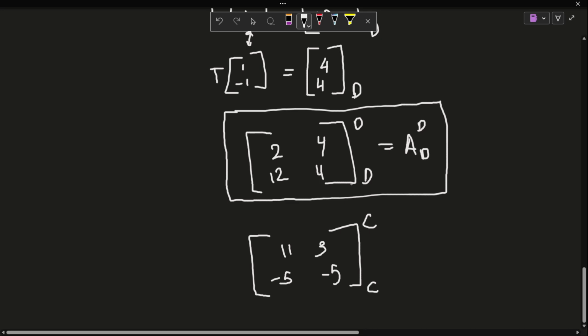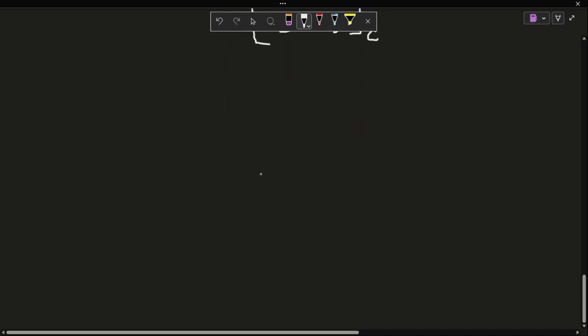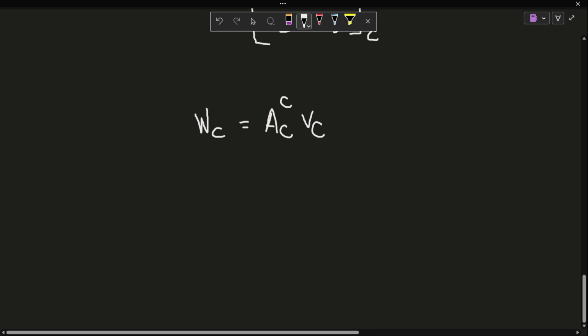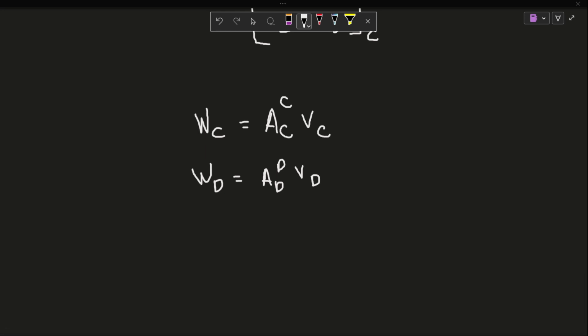If you have something like WC, which is the output of your transformation, equals A, C, C, B, C, and then you also have WD equals A, D, D, BD. And so these two, VC and VD, are going to be your n-tuple representations for the same vector V, but with respect to different bases.